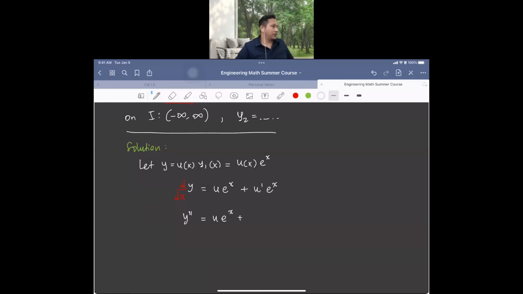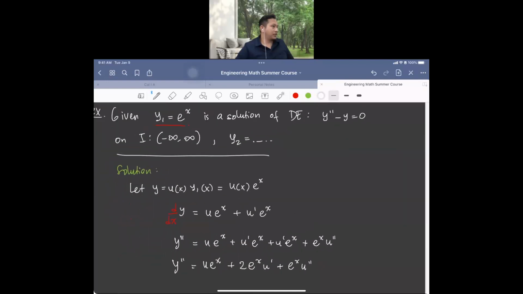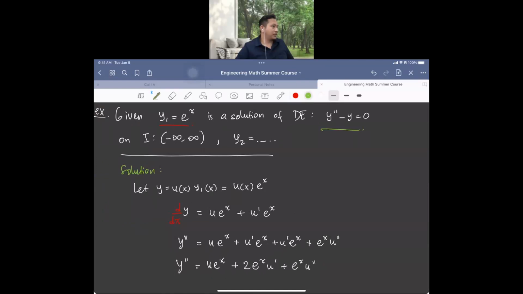So this will be u e to the x plus u prime e to the x plus u prime e to the x plus e to the x u double prime. Or we can write u e to the x plus 2 e to the x u prime plus e to the x u double prime.